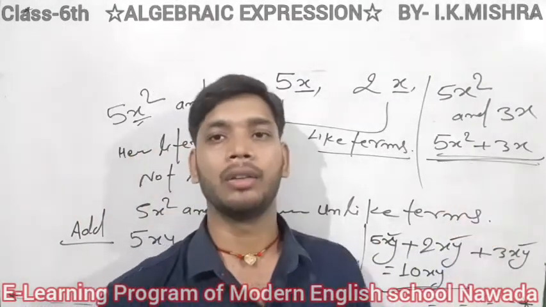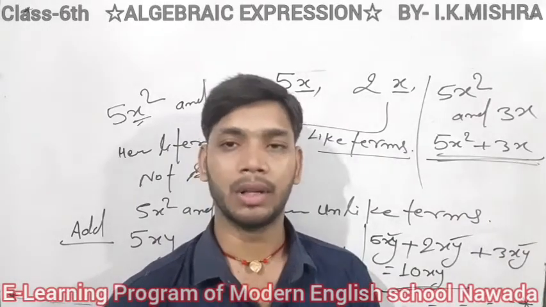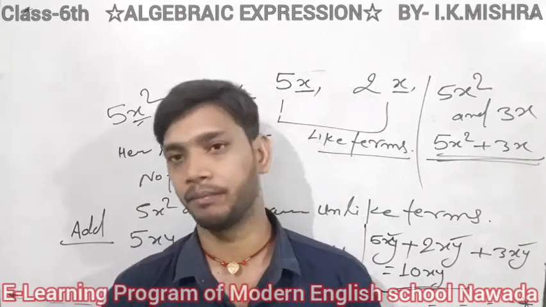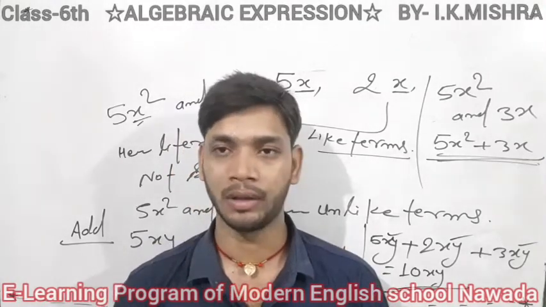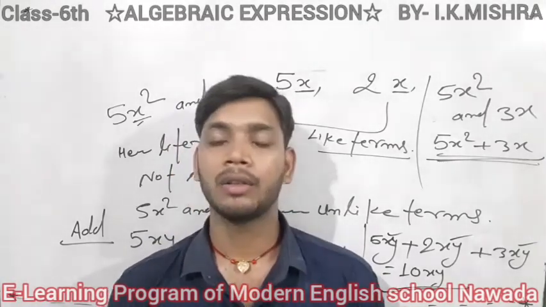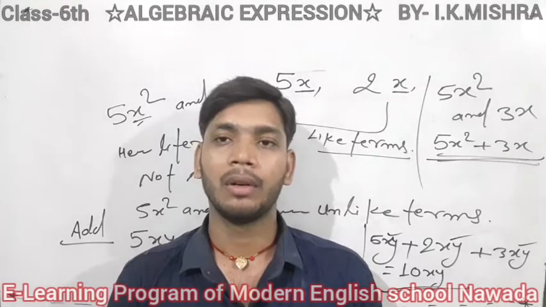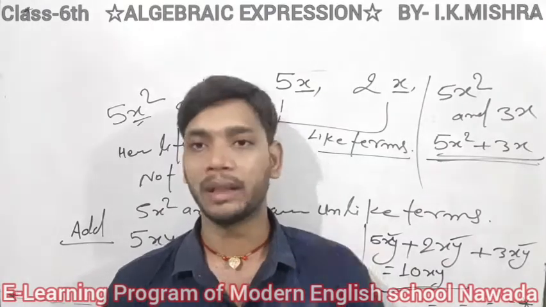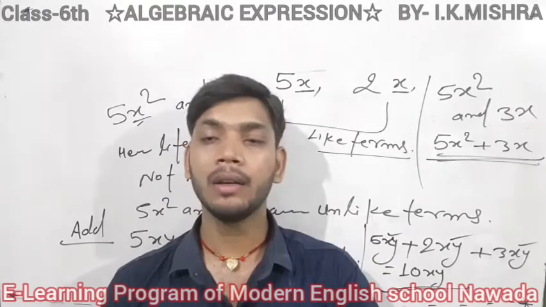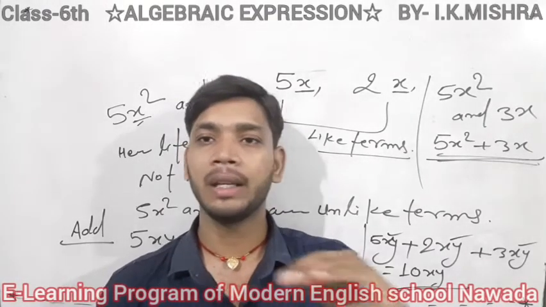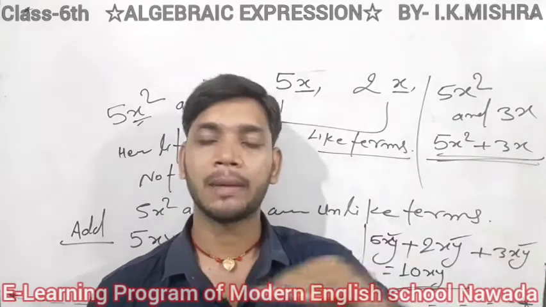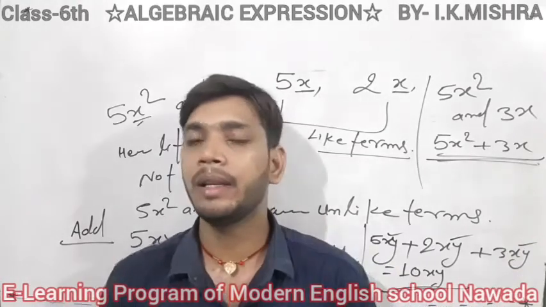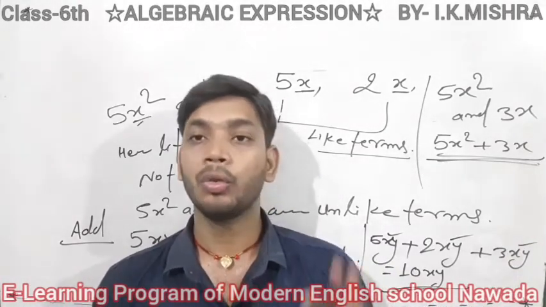Similarly, students, you can add the numbers. Now I am going to discuss the process of addition of algebraic expressions. Here mainly we discuss two types. One is the column method, and another is the row method. Row method means when algebraic expressions are written in a row, that means in a line horizontally, then it is called the row method.